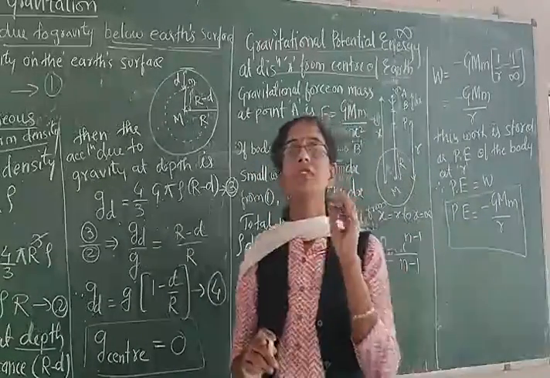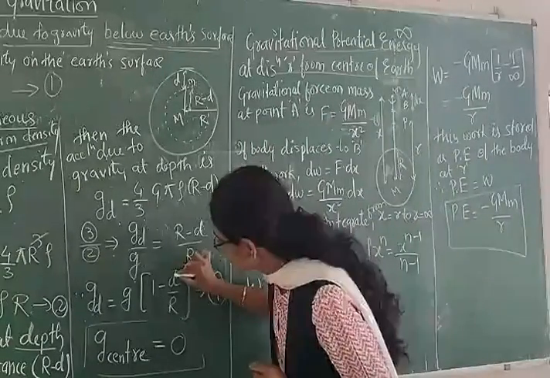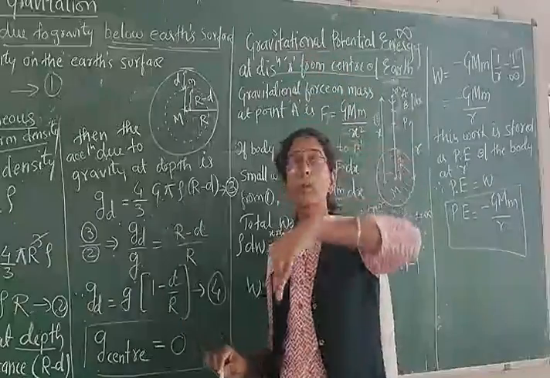Here we have seen that the acceleration due to gravity decreases by a factor of d by R as I go below the earth's surface.